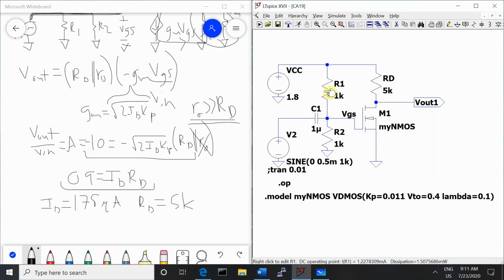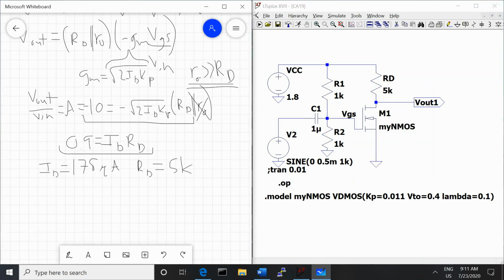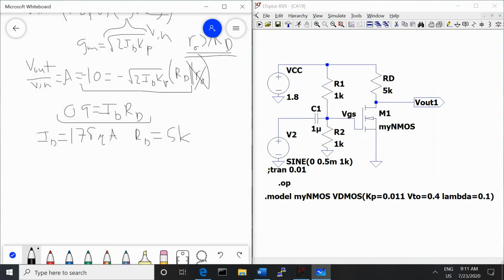And then we're going to choose R1 and then sweep R2 in order to get the current across RD to be 178 microamps. So in order to choose a value for R1, we want to make sure that our corner frequency is lower than 1 kHz, because the frequency of the signal that we're inputting into our circuit is 1 kilohertz. And R1 and R2 affect the corner frequency.